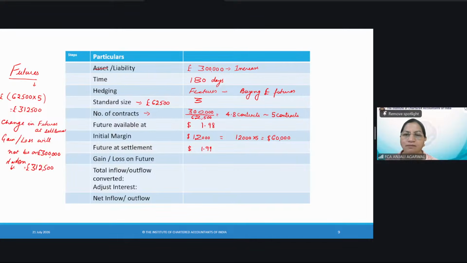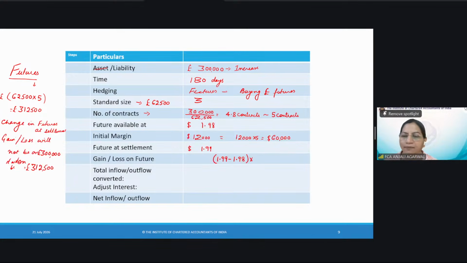Your futures price for the pounds has increased from 1.98 to 1.99. Now, what will be the gain or loss on futures? There would be a gain because, as you were anticipating, the price has increased. How much is the gain? The gain is 1.99 minus 1.98, so $0.01 per pound.